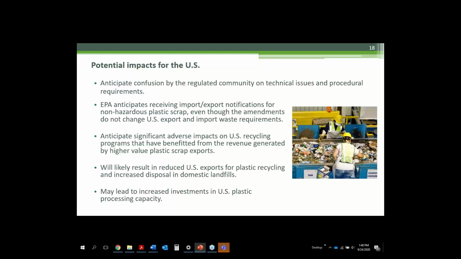And so we're probably going to lose a fair amount of those markets, which means that the revenue we're getting from our plastic scrap is probably going to decrease. That's going to put pressure on us in the sense that you're probably going to see plastic scrap recycling decreasing, and at least in the near term and maybe midterm, in most places, an increase in landfilling of plastic scrap.